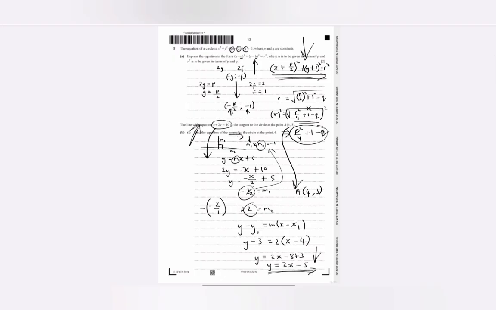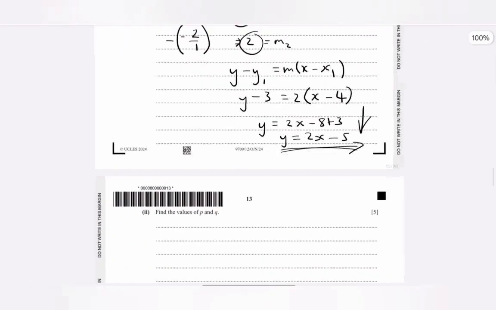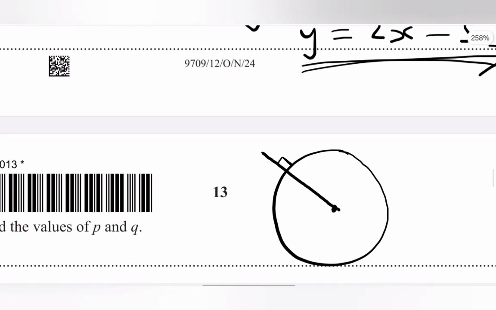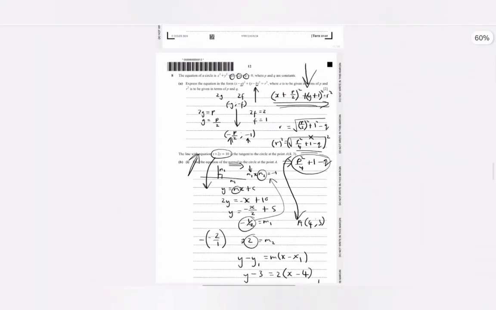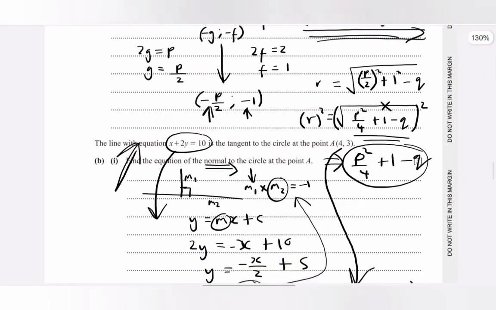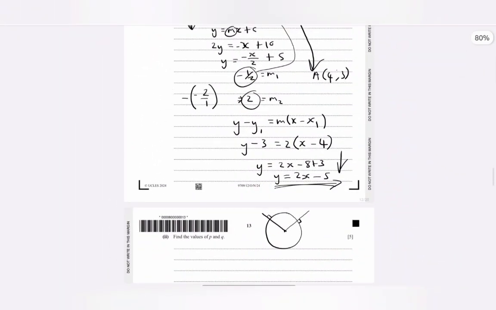We're going to use that this way, since every normal to a circle passes through the center. Every line that meets the circle at 90 degrees passes through the center. So we're going to use our coordinate of the center, which is minus p over 2 and minus 1, and this equation that we got, y equals 2x minus 5.